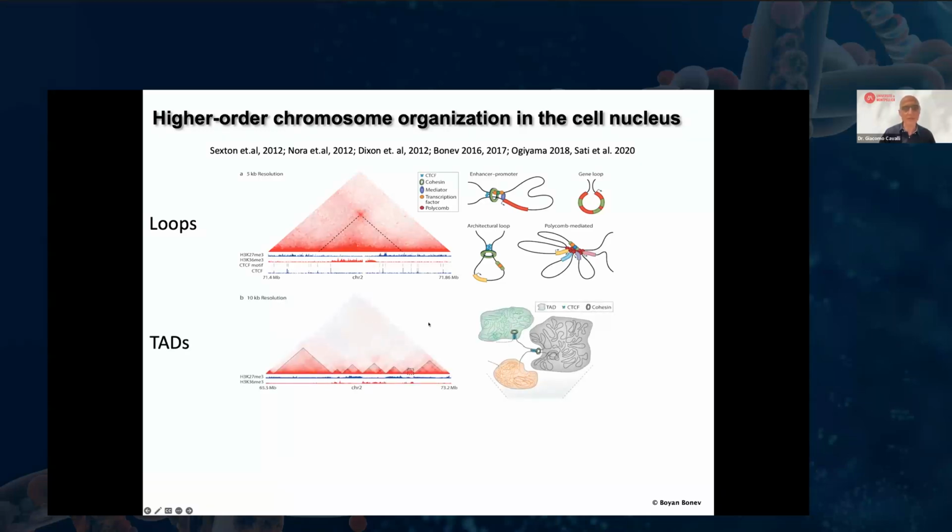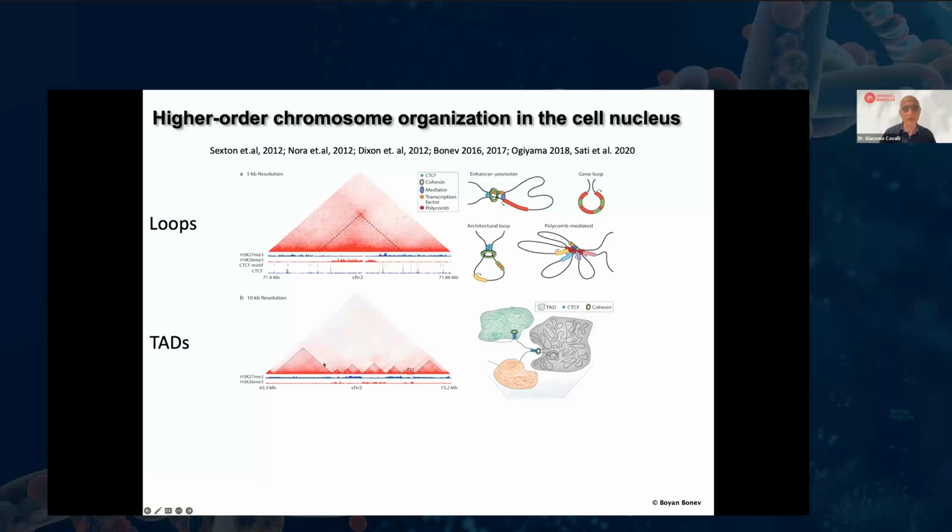And if we zoom out now, this region here becomes a tiny region in an 8 megabase region of the genome. Now what we see is a new feature, which is the fact that you have some domains where you have a relatively high frequency of interaction everywhere within the domain.